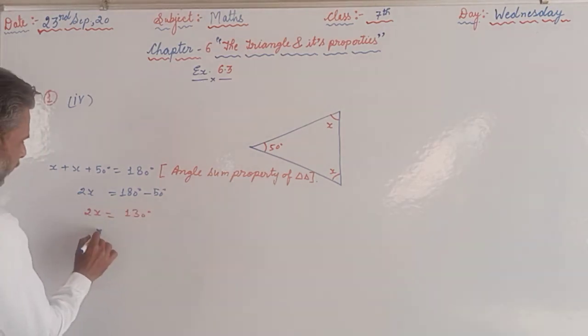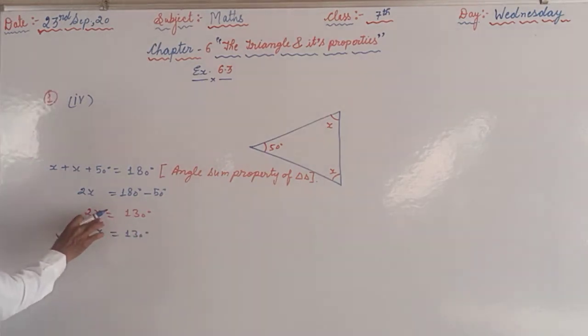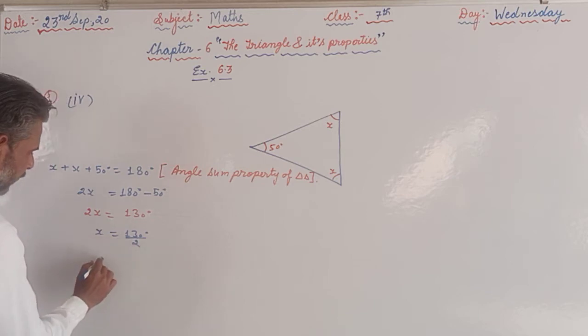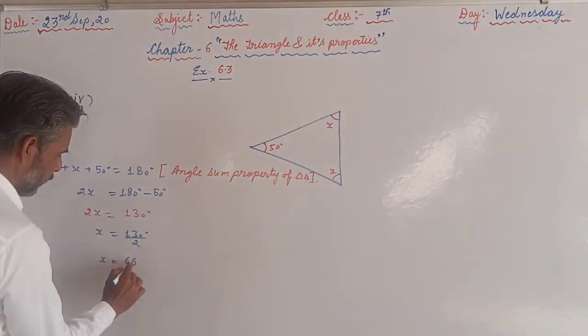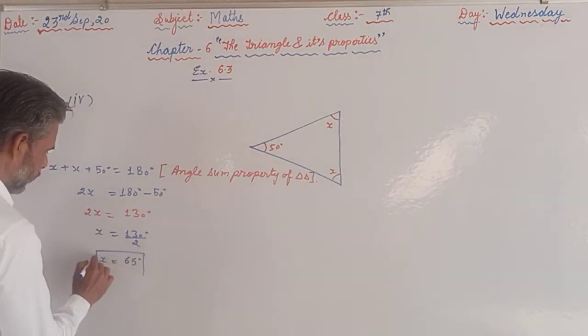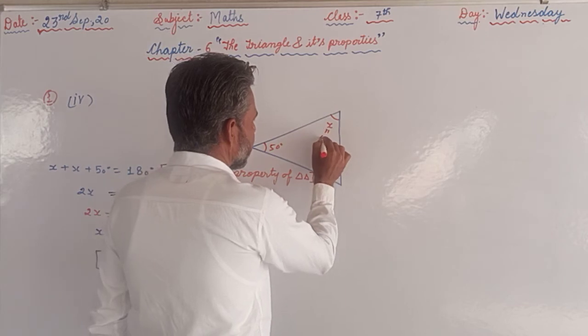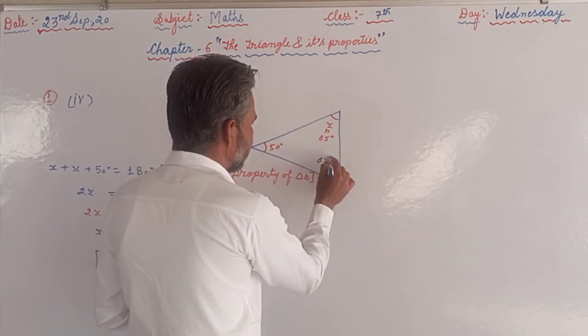From here we can write x is equal to 130 degree divided by 2. 2 is multiplying here, so on the right hand side it will divide, and when we divide 130 degree by 2, we get 65 degrees. So that angle will be 65 degree, and that angle will also be 65 degrees.